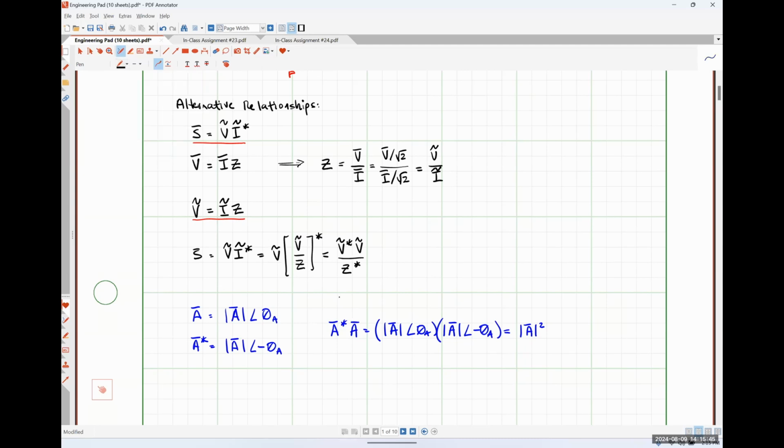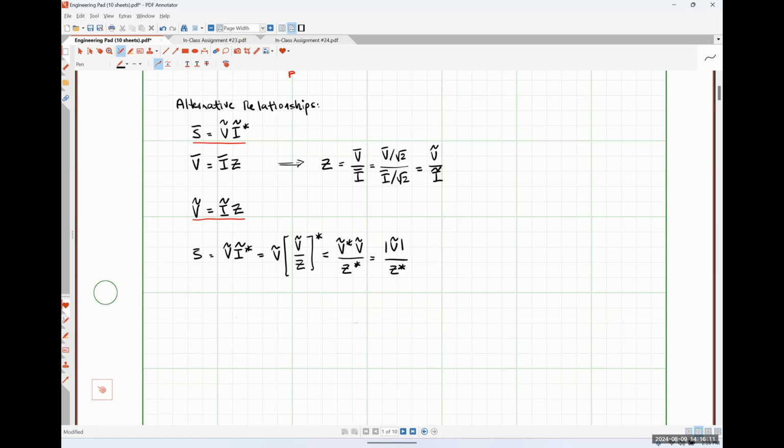So putting that in the context of what we have above, let me erase this really quickly, it tells us that we can compute the complex power absorbed by an impedance if we only know the magnitude of the voltage drop across it and the conjugate of the impedance itself. So we don't even need to know the phase angle of the voltage anymore. Literally just the magnitude squared divided by the conjugate of the impedance gives us our complex power.